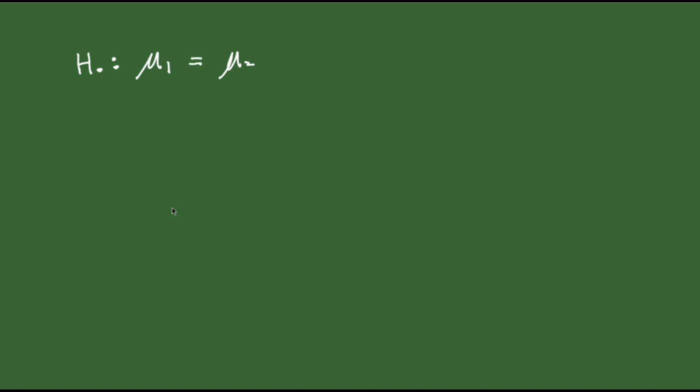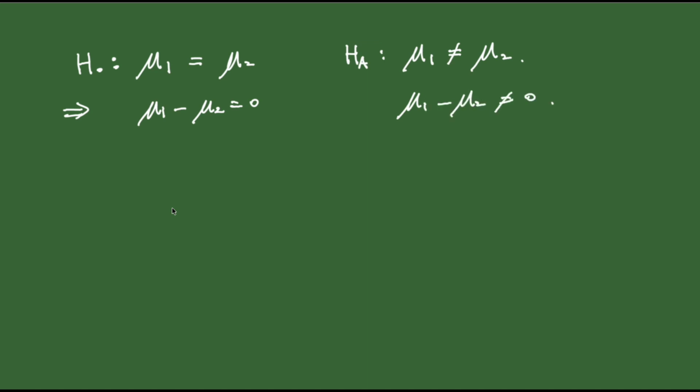The alternative is that these two are not the same. This can also be written as: mu1 minus mu2 is equal to 0, versus mu1 minus mu2 is not equal to 0.